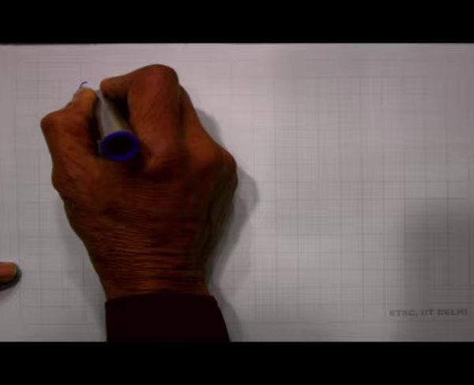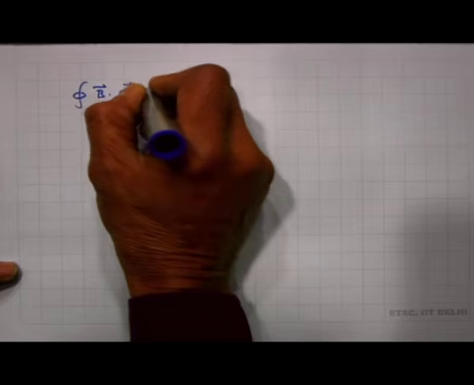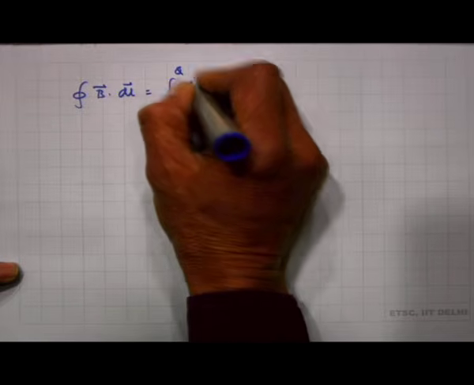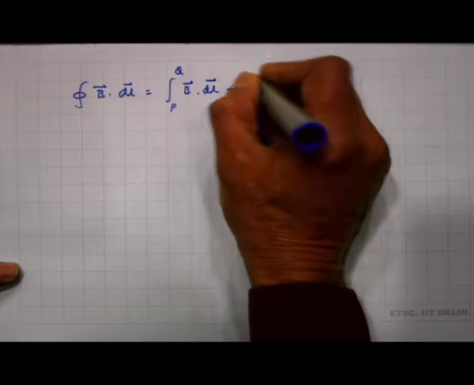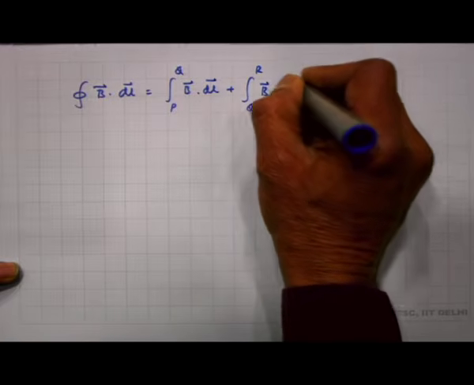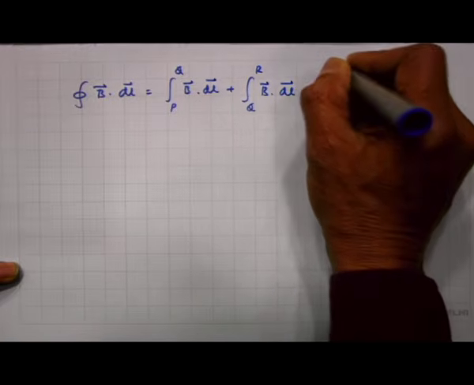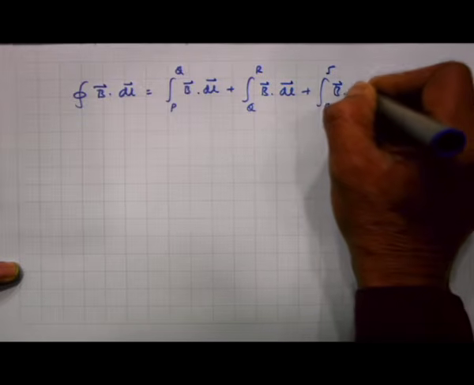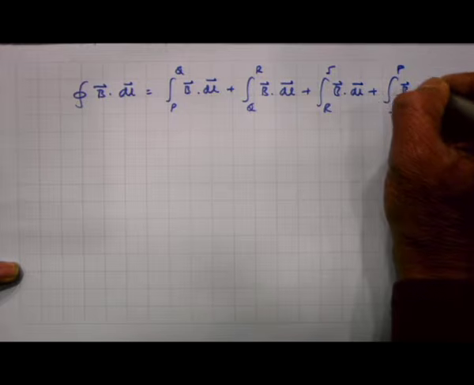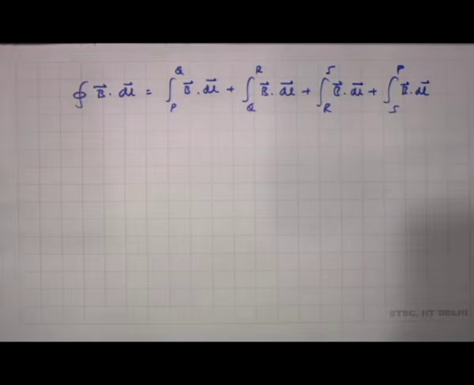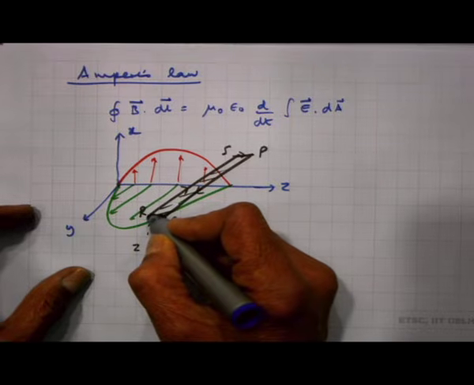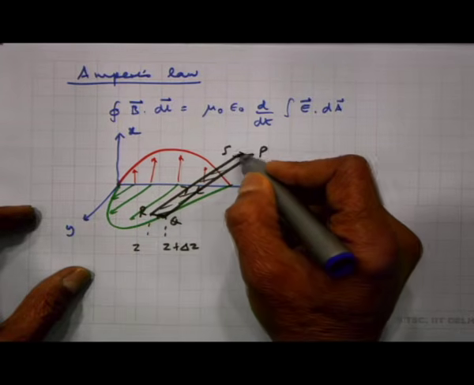Integral B dot dl, again, is P to Q B dot dl plus Q to R B dot dl plus R to S B dot dl plus S to P B dot dl.